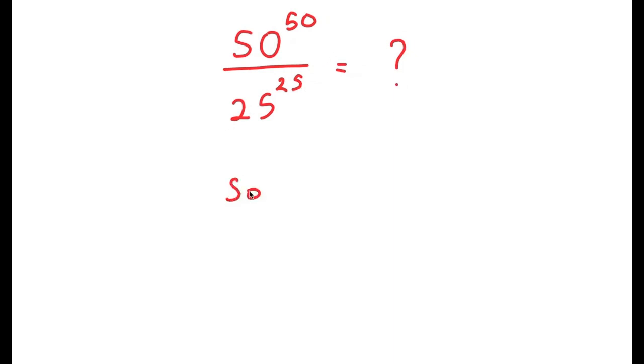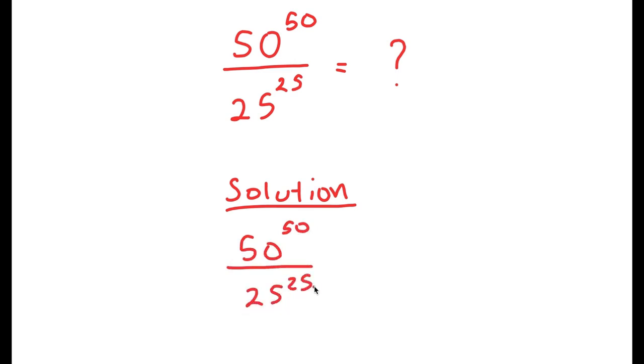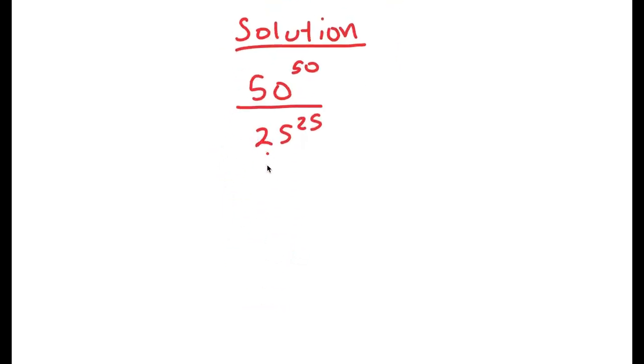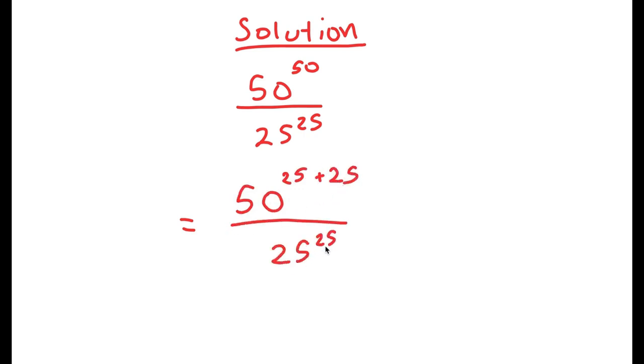So to start, I have 50 to the power of 50 over 25 to the power of 25, and I'm going to first rewrite this as 50 to the power of 25 plus 25. So now I have 50 to the power of 25 plus 25 over 25 to the power of 25.